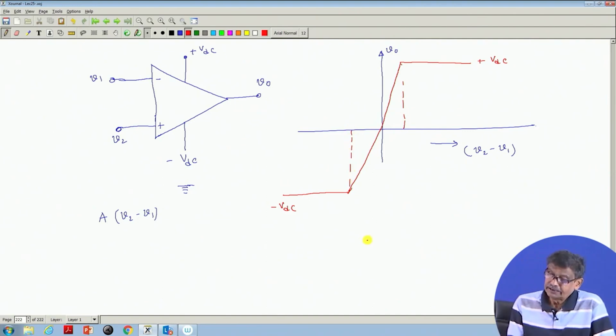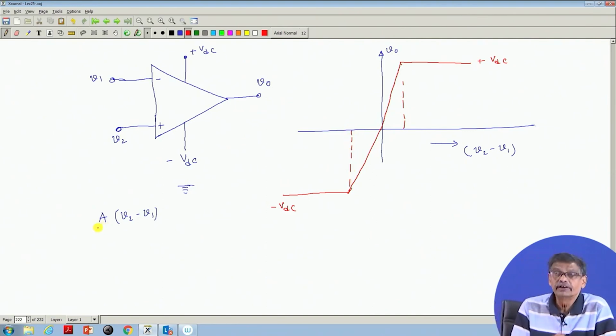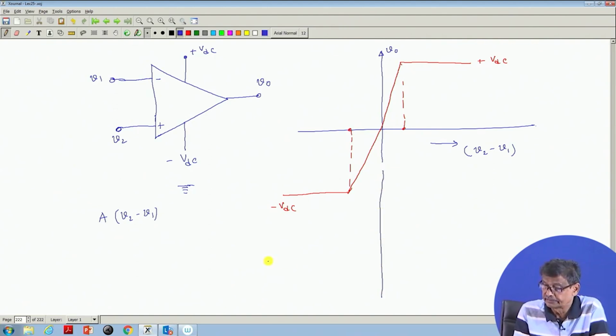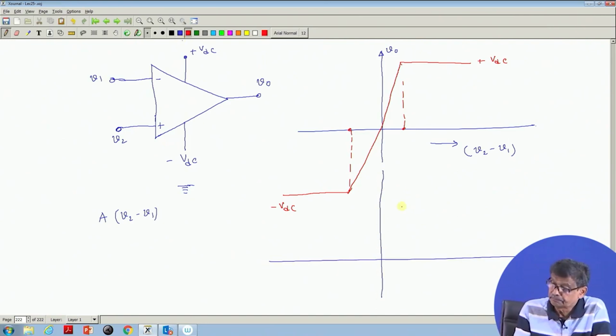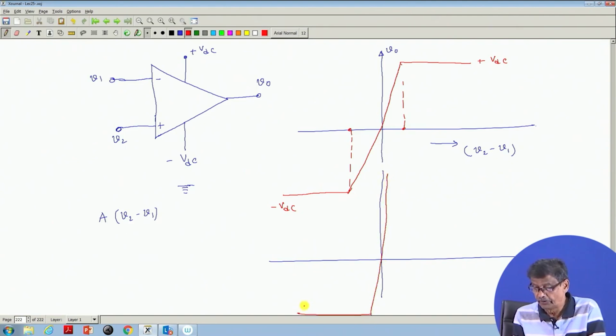Now, what is the gain? Gain I told you is infinitely large. This relationship will hold good between these two points, and this curve will be steeper and steeper if the gain is higher and higher. Got the point? Minus VDC, plus VDC.